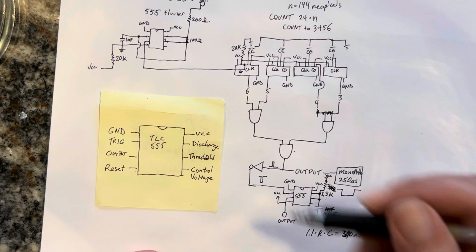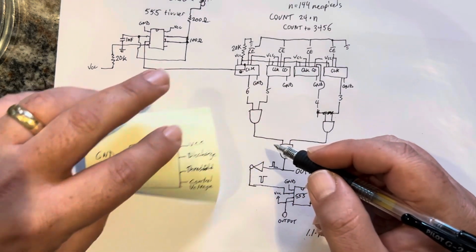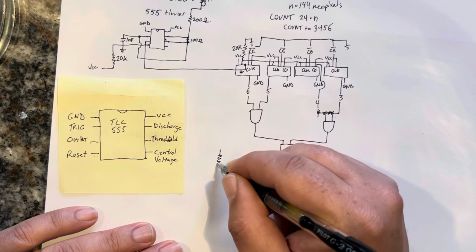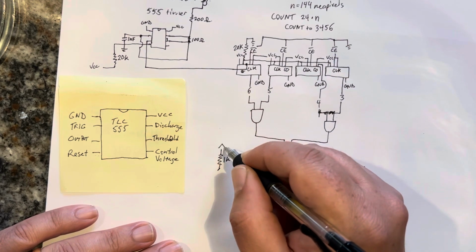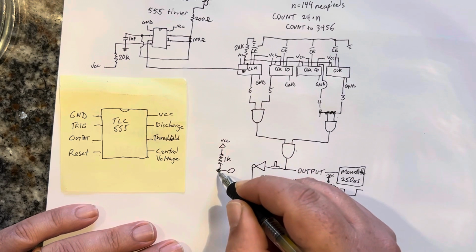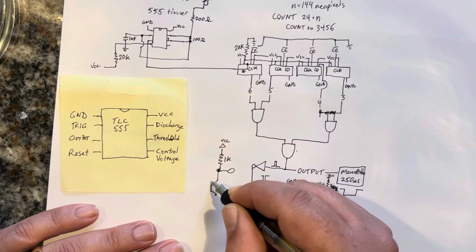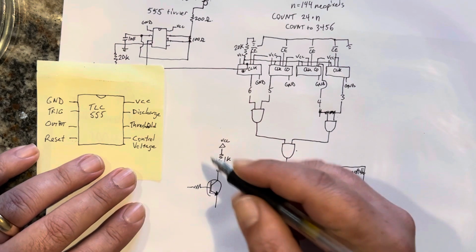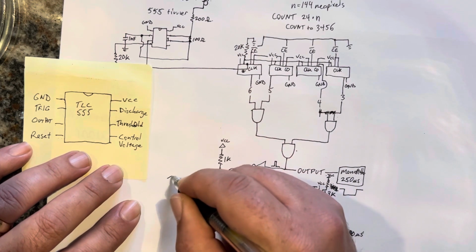I just used an inverter in the form of a transistor inverter, which is basically a 1K to VCC. This is the output. The input is a 2K resistor, and this is the input.